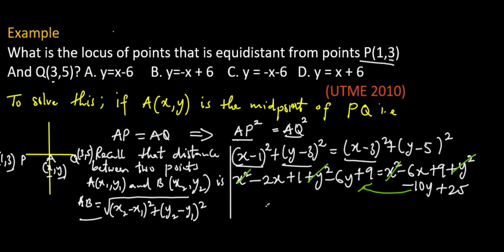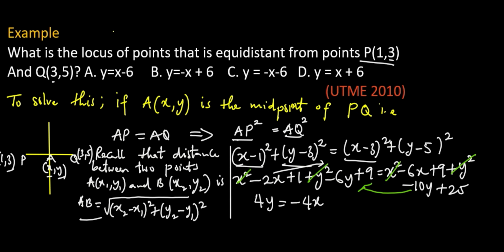So we can now see that if minus 10y comes to the other side, it will become plus 10y. Plus 10y minus 6y gives us plus 4y equals to, when the minus 2x goes to the other side, it becomes minus 6x plus 2x, which will give us minus 4x, of course.